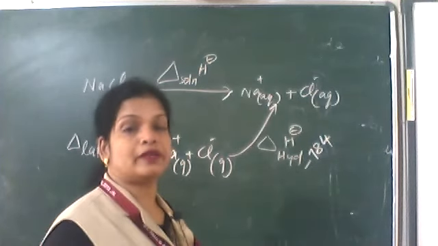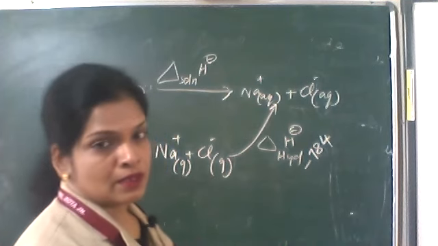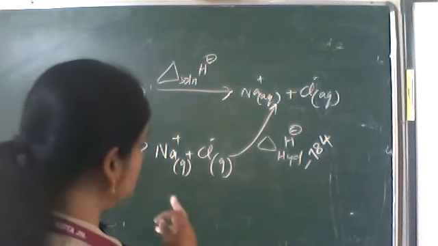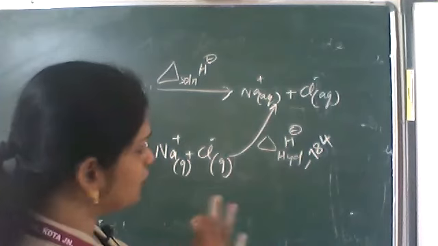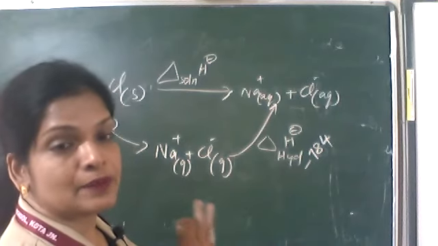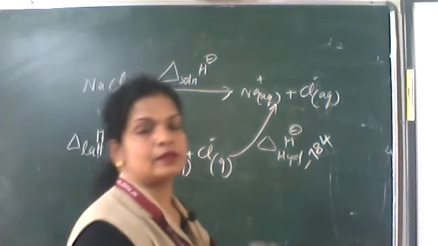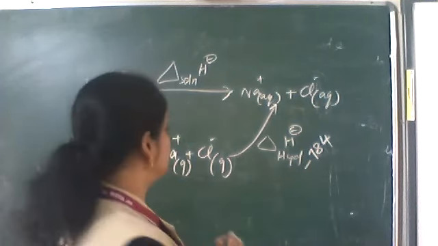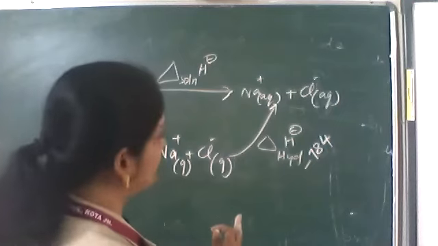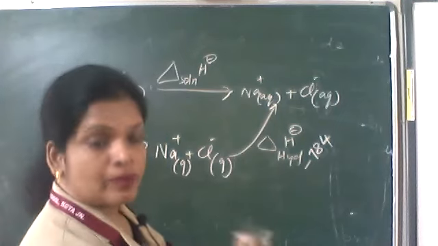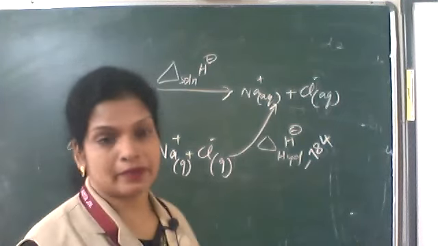Suppose you want to find out enthalpy of solution. For that we are going to use Hess's law, that is enthalpy of lattice and enthalpy of hydration. Enthalpy of hydration can be determined experimentally, but enthalpy of lattice cannot be determined experimentally.